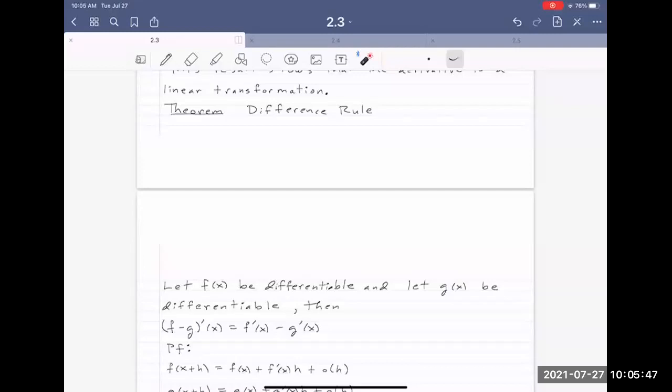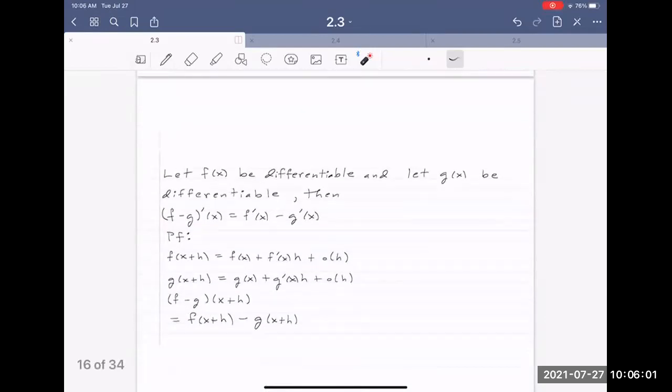So, the difference rule. Let f be differentiable, and let g be differentiable. Then f minus g prime at x is equal to f prime at x minus g prime at x.